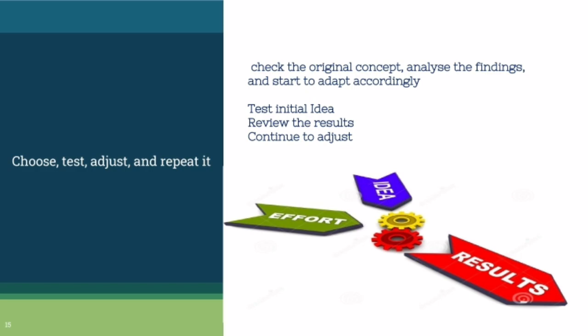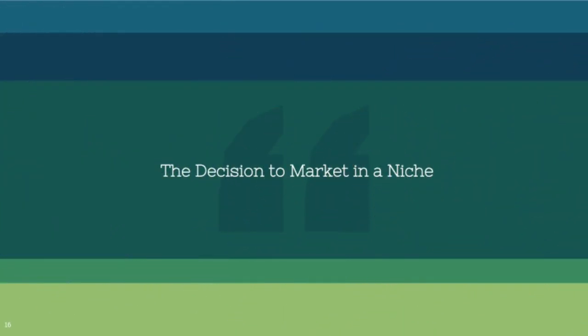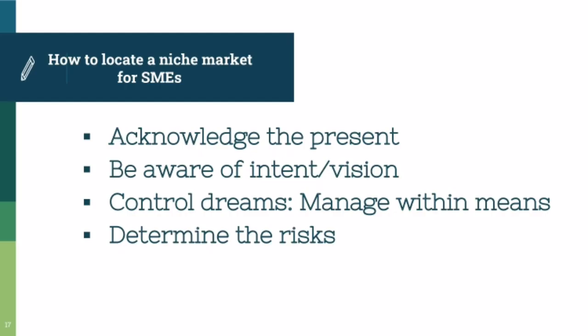So after doing all this research, what are the decisions to market a niche? As an entrepreneur, when coming into a business and when you try to target a group of people, what you need to do is acknowledge the present. You have to be aware of intent or vision. What are your visions?